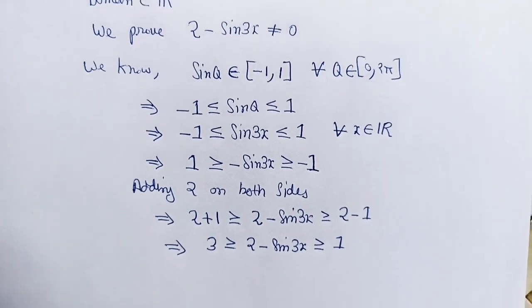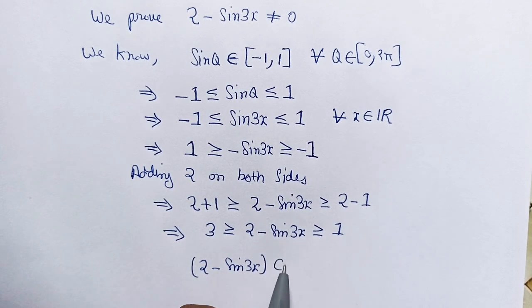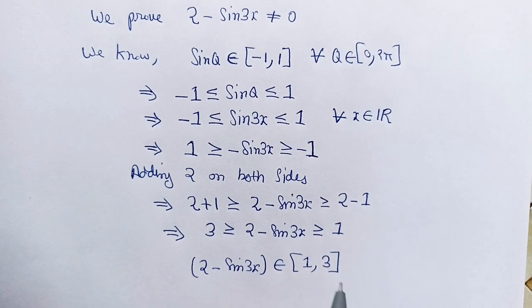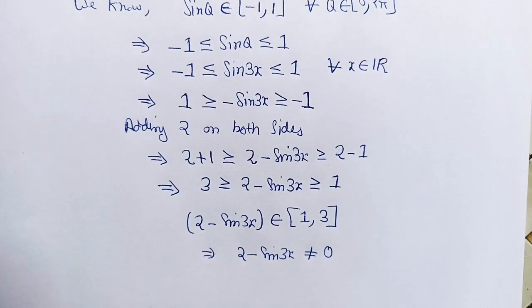So the range of 2 minus sine 3x, this whole portion, belongs to the closed interval 1 to 3. Clearly you can see this portion belongs to the closed interval 1 and 3. That means 2 minus sine 3x will never be 0, because in the closed interval 1 to 3, 0 will never come. So 2 minus sine 3x is not equal to 0.